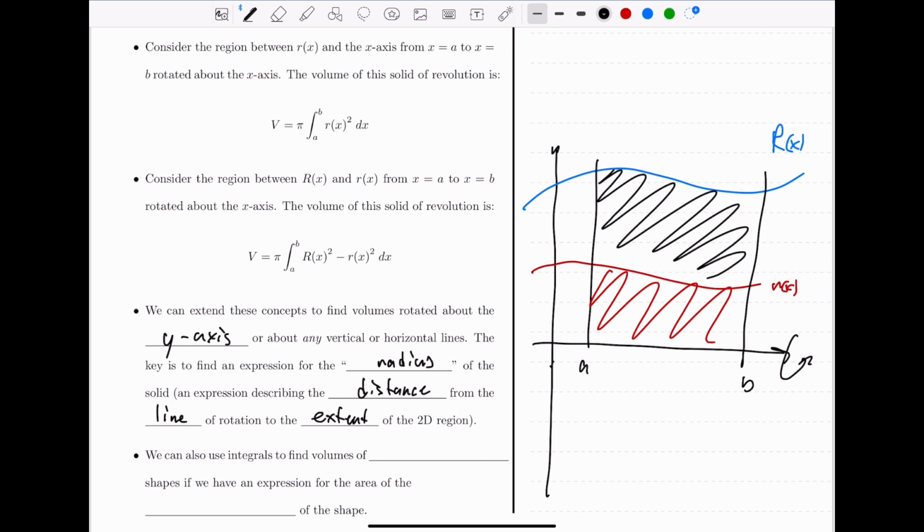So when we think of a radius function, either capital R or small r, we want to think of the distance from that function to the line of rotation, whether that's the x-axis, the y-axis, or some other horizontal or vertical line. So the key here is to think of the distance from the line of rotation to the outside of the shape. Let's use that concept for this example.